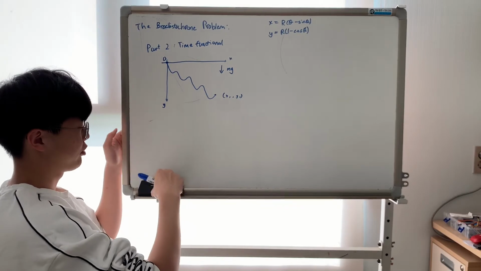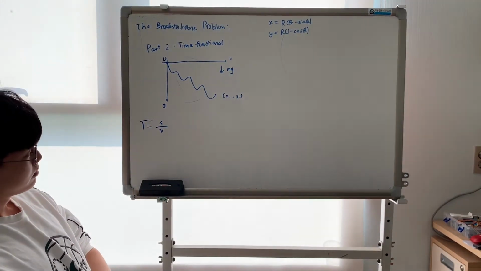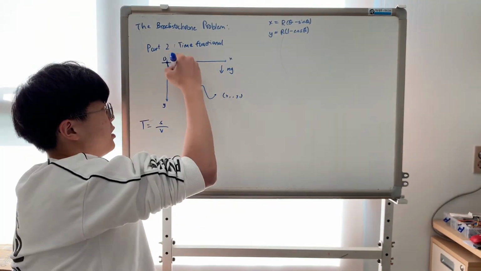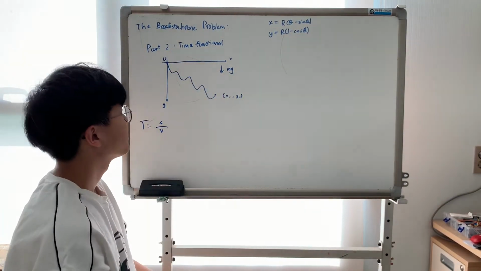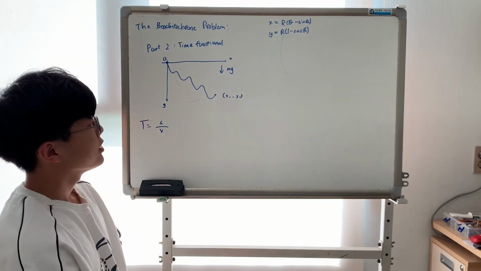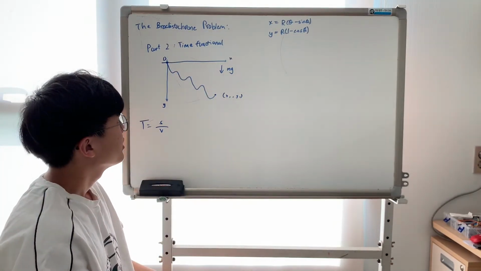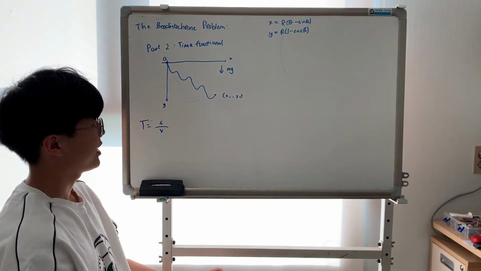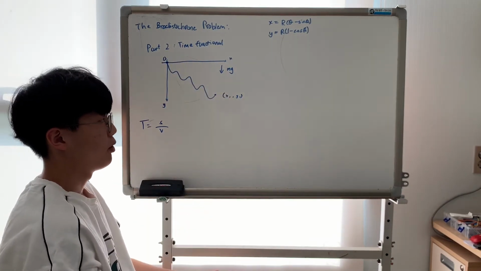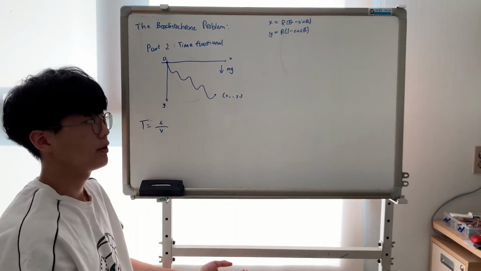So I'm just going to write t is equal to s over v. And how do you get s, the displacement at any point in the path over here? The displacement here would basically mean the length of the path. And so how do you get the length of a path that may not necessarily be composed of straight lines and would most definitely be in the form of a curve?